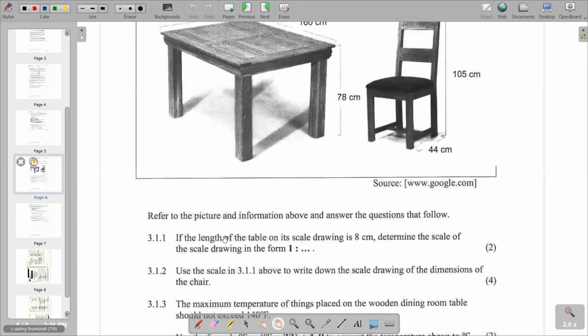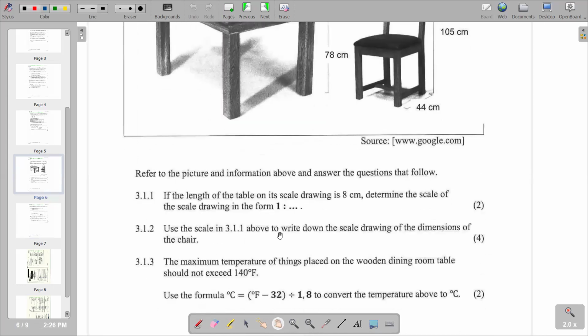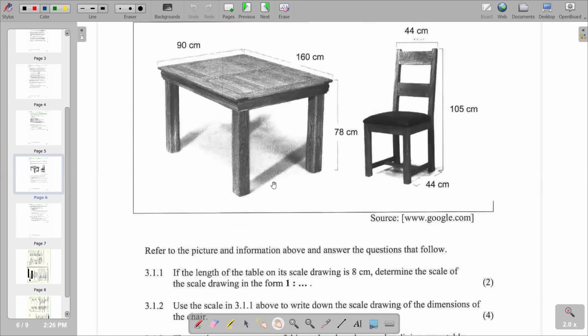It reads, use the scale in 3.1.1 above to write down the scale drawing of the dimensions of the chair. So for the dimensions of the chair, we're going to present our height and our width in terms of the scale.